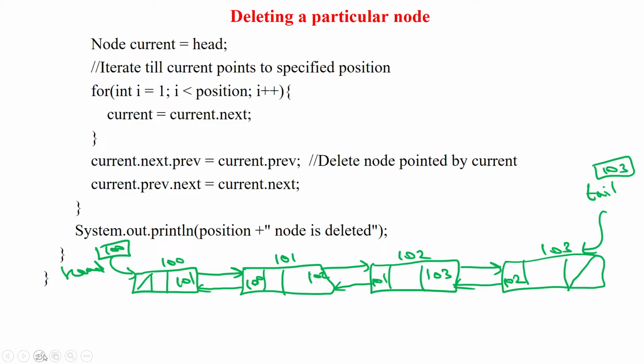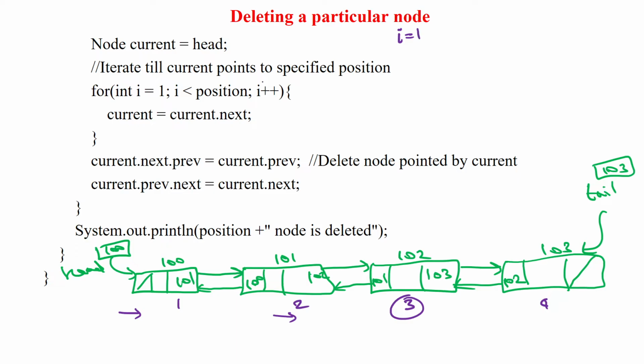Okay, now what we have to do, we want to delete the node number 3. Node number 3. So for that we have to break these links. First we have to move into the third position. For that we are using the for loop.